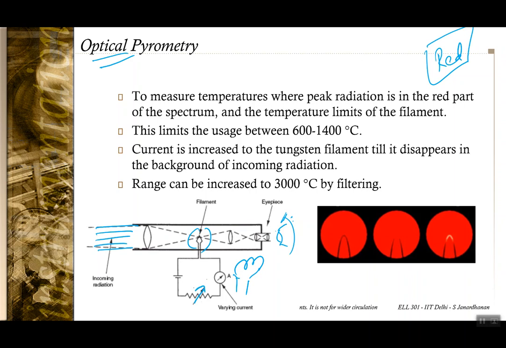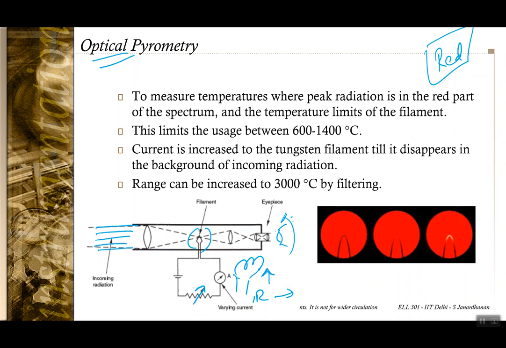As the rheostat position changes, the current changes, and as the current changes due to the I squared R behavior, the temperature of the filament of the bulb increases, and hence it will glow from infrared to the visible range also to red.